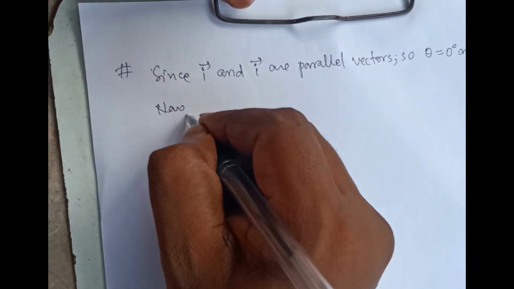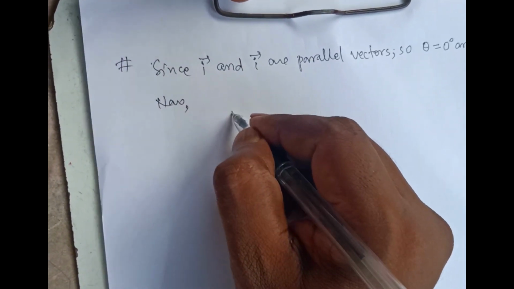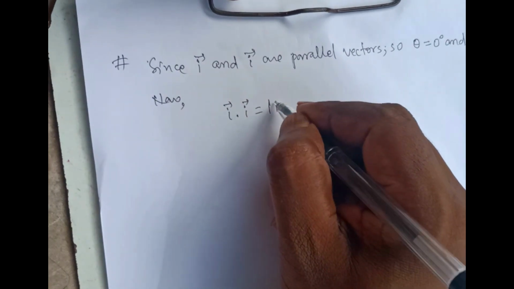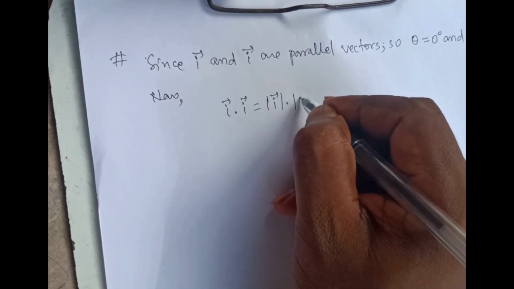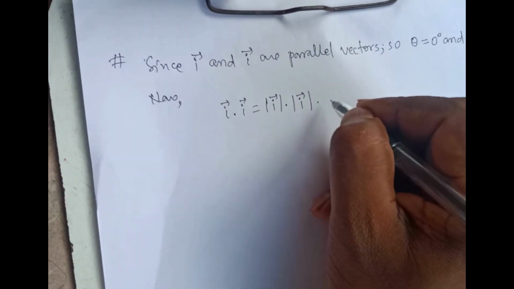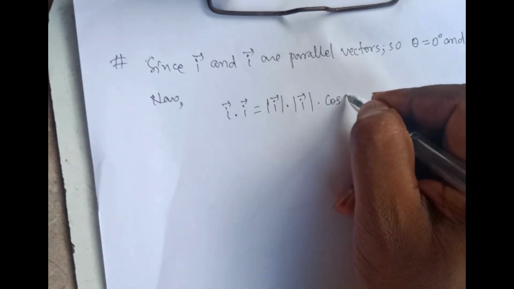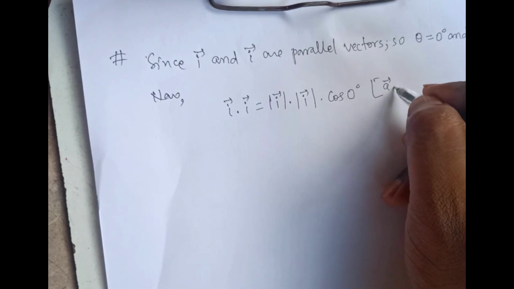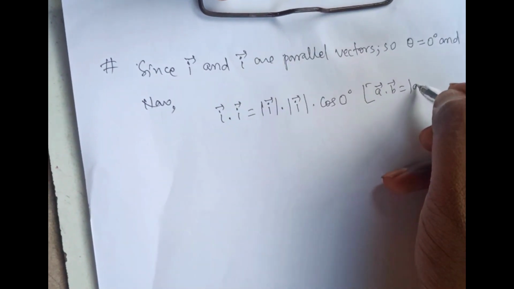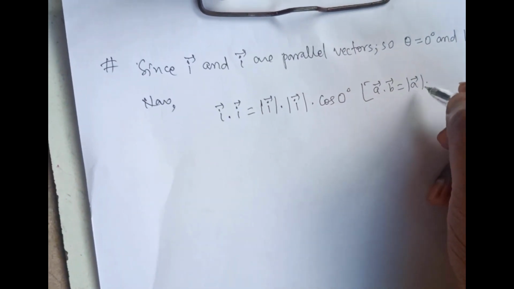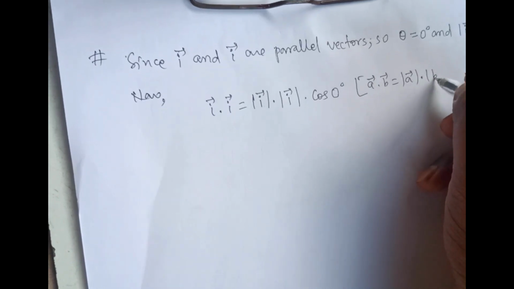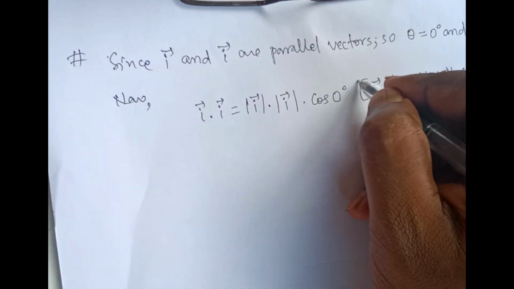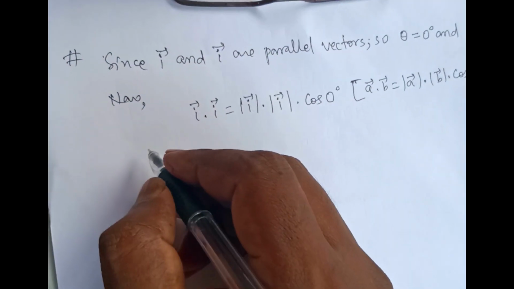Now i vector dot i vector is equal to modulus of i vector times modulus of i vector times cos 0 degree. As we know that a and b are two vectors, we can write modulus of a vector times modulus of b vector times cos theta, where theta is the angle between a and b vectors.